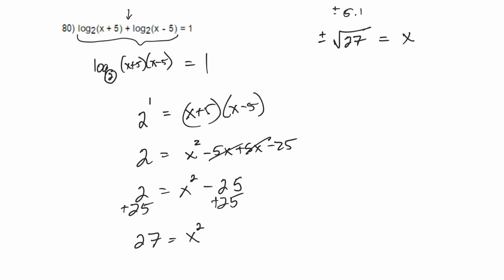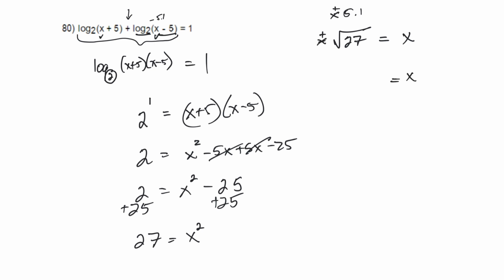Putting a positive 5.1 in here works. In here also works. But if you put a negative 5 here, you're going to get negative 5 minus 5 would be a negative 10, and you can't take the logarithm of a negative number. So that means I would cancel out the negative version of that.